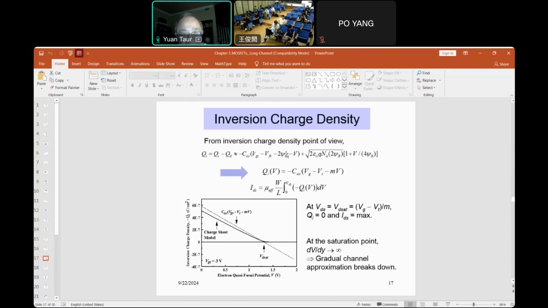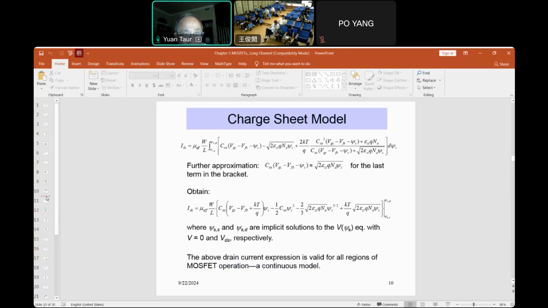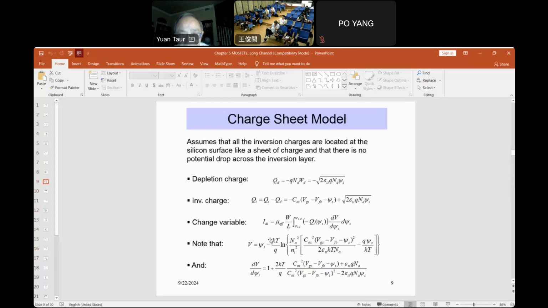Well, first of all, we can make an approximation by expanding. You let psi S equal to 2 psi B plus V, and you expand this square root into zero order and first order.